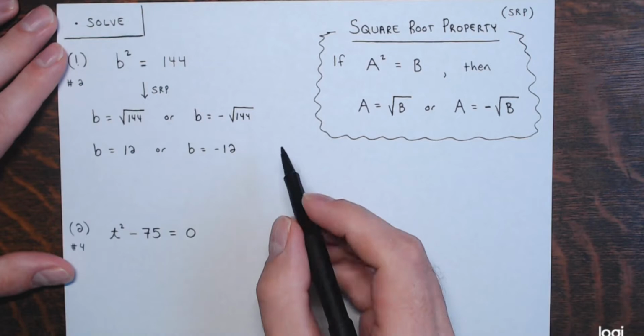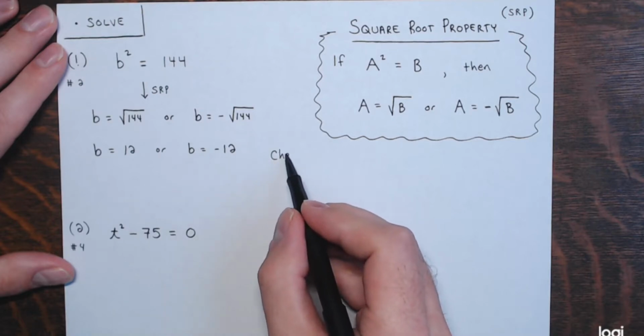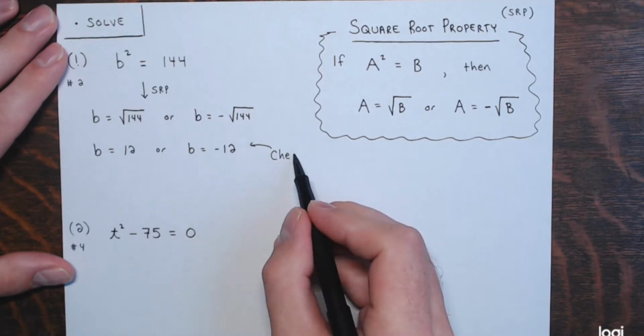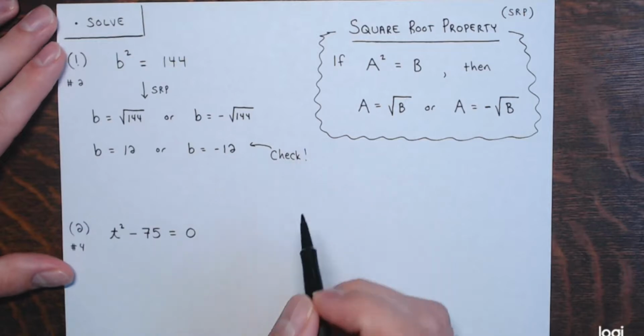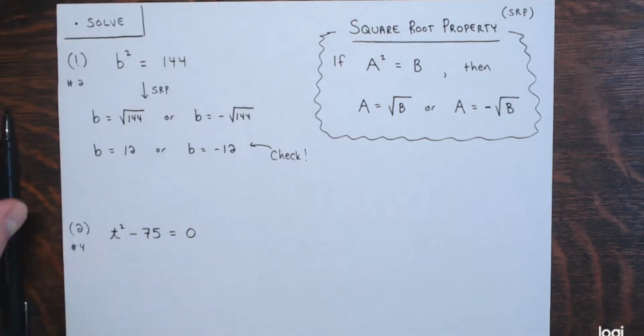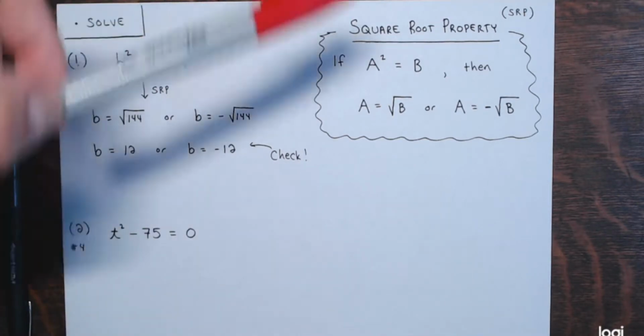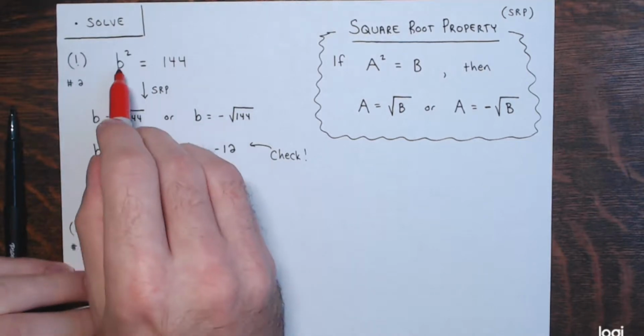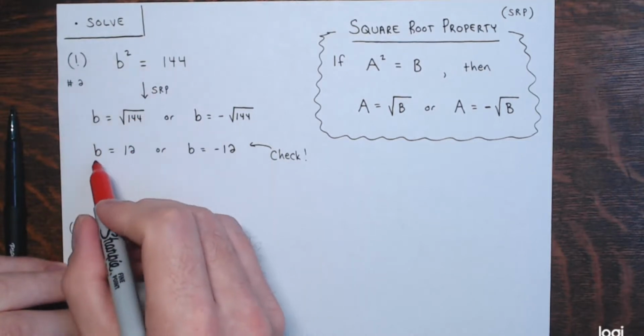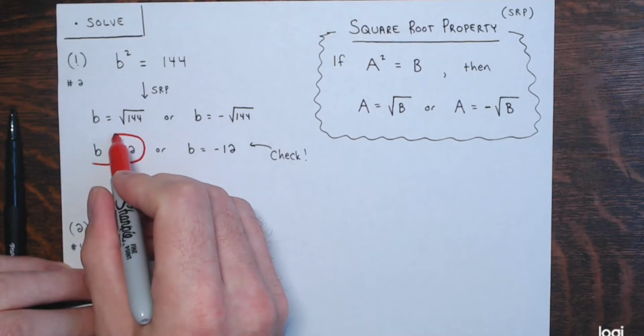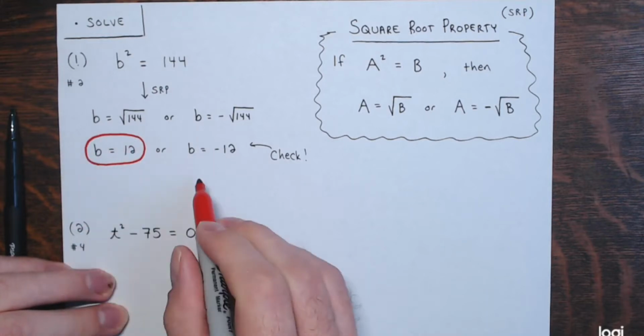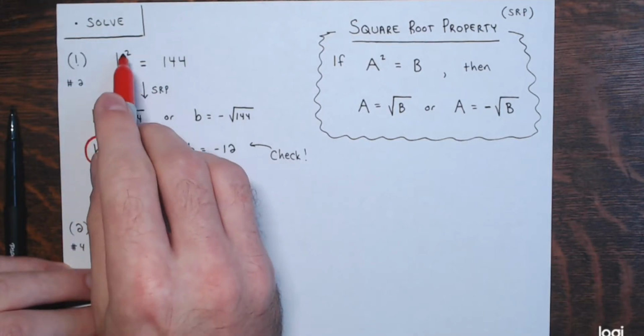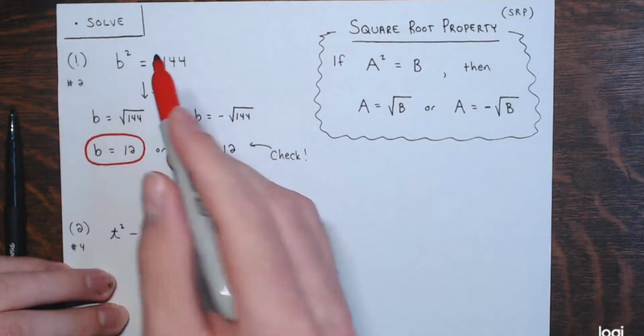And then don't forget to check your solutions. We're going to check these. Now, positive 12, when I plug it in for b, 12 squared is 144. So this is a solution. And then when negative 12 is squared, negative 12 times negative 12 is also positive 144.